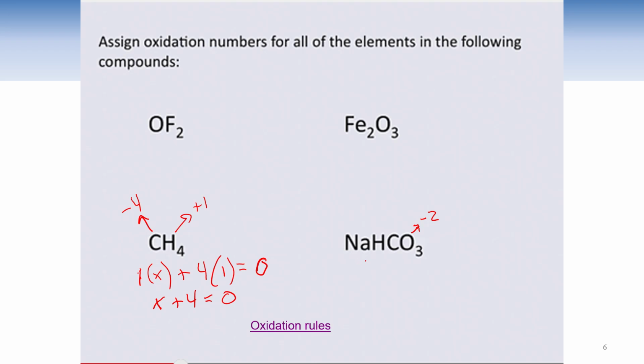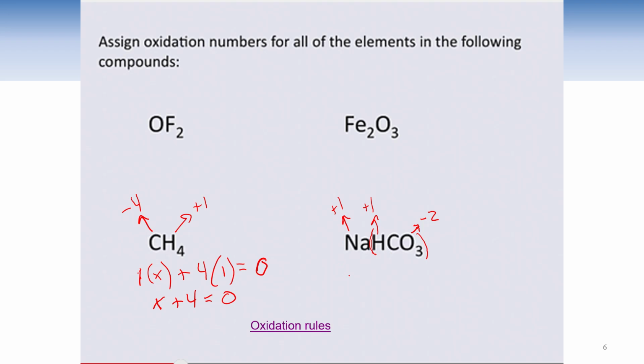Group 1A is given an oxidation number of +1, and hydrogen is usually +1 unless it's bonded to metals. So it's +1 when bonded to nonmetals. Because this is what we're looking at here, the sodium is not directly bonded to the hydrogen. The hydrogen is directly bonded to the CO3, the carbonate group. So this actually is given a +1.